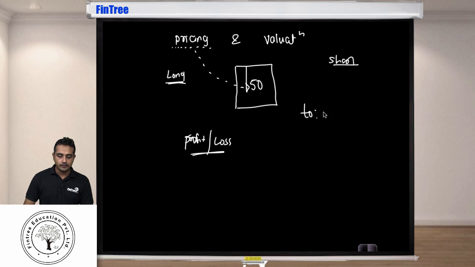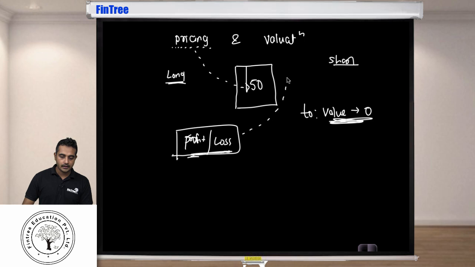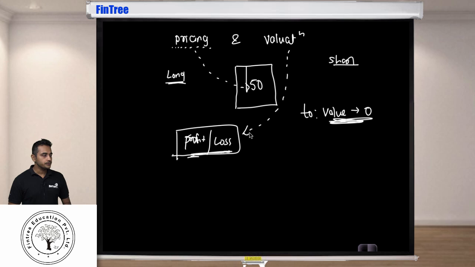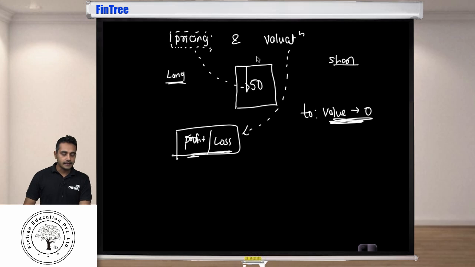At time 0, when we sign the contract, can I say the value of the contract has to be 0? Yes or no? Otherwise the parties will never sign. But the moment you sign the contract and the price of the underlying changes, one of the parties will have profit, the other one will have losses. Finding out what is the profit or what is the loss is referred to as valuation of the forward. Are we together on this? Now let's spend some time and do a little bit of numbers with pricing and valuation.